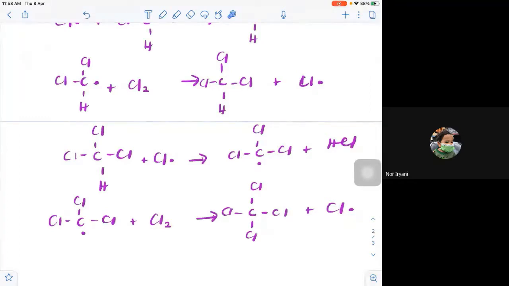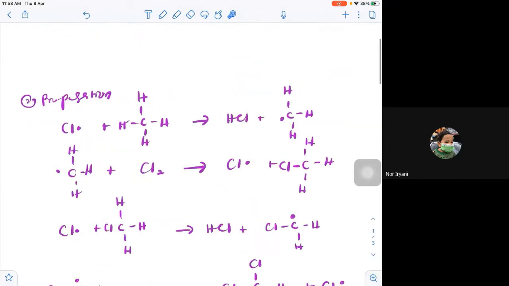If the question mentions, what is the possible final product if the substitution reaction occurs in excess chlorine? If the question does not mention excess chlorine, they just say it in general, it means that the only product will be this one. We just stop the propagation at these two steps, the first step and second step.